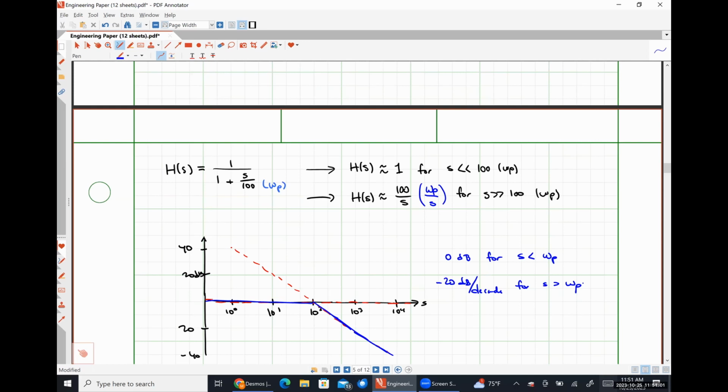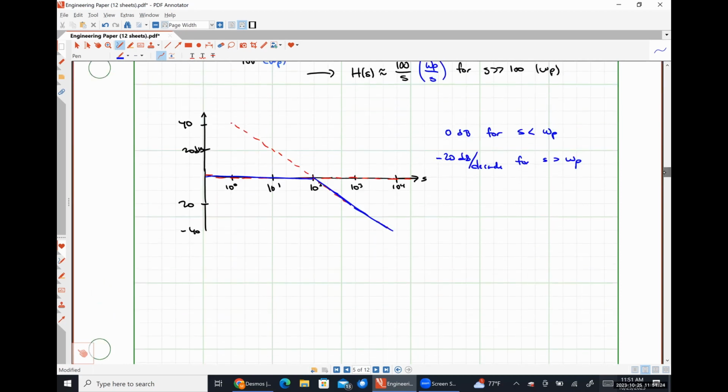What do you think is going to happen to our phase response? It's just going to be shifted as well. Literally nothing changes except where it crosses the 0 axis effectively. All right.